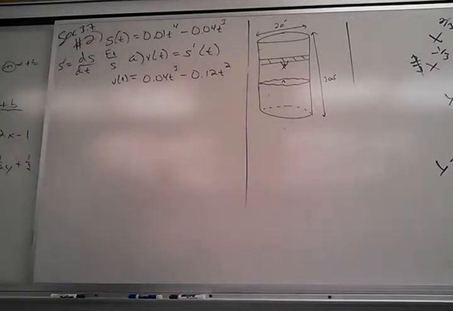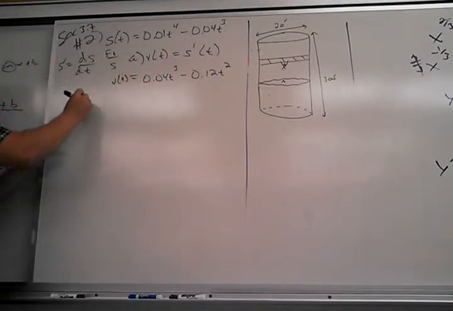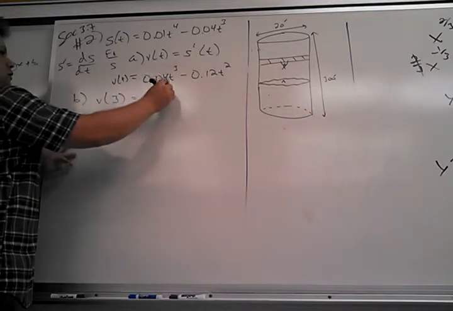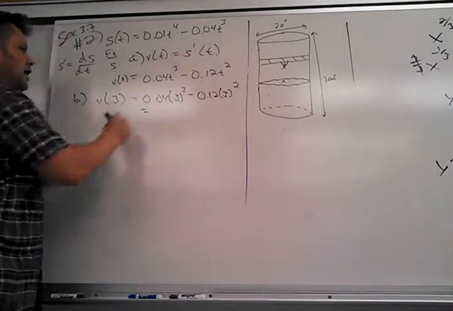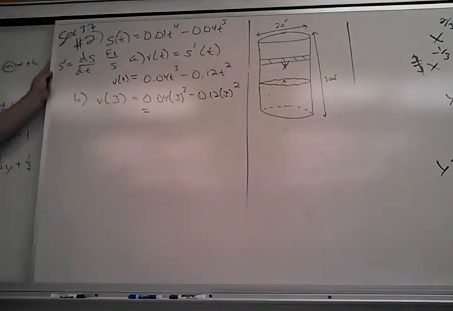All right. What is the velocity after 3 seconds? And what they really should say is at 3 seconds, but they mean right after 3 seconds. So we got the velocity function. Part B is easy, so I'll let it be easy. Velocity at 3 seconds: just put a 3 in there. 1.08 minus, I think it's 0.